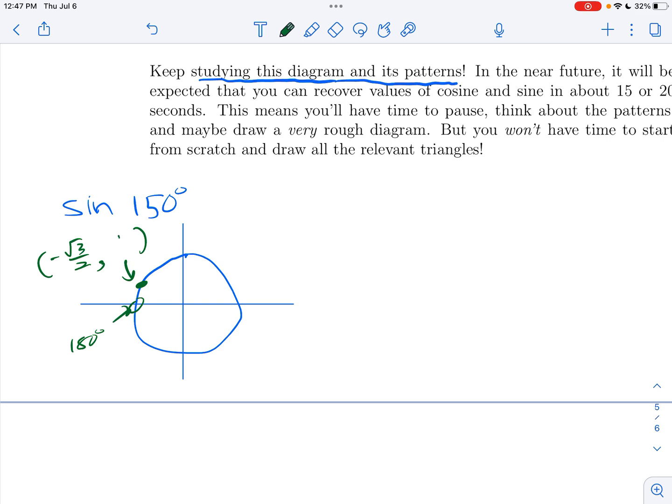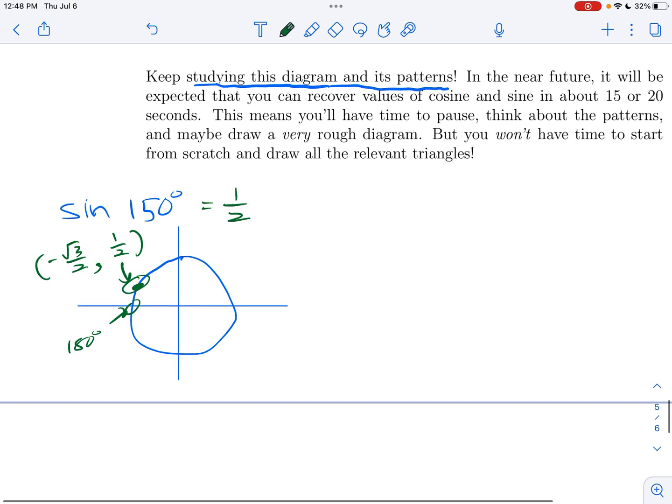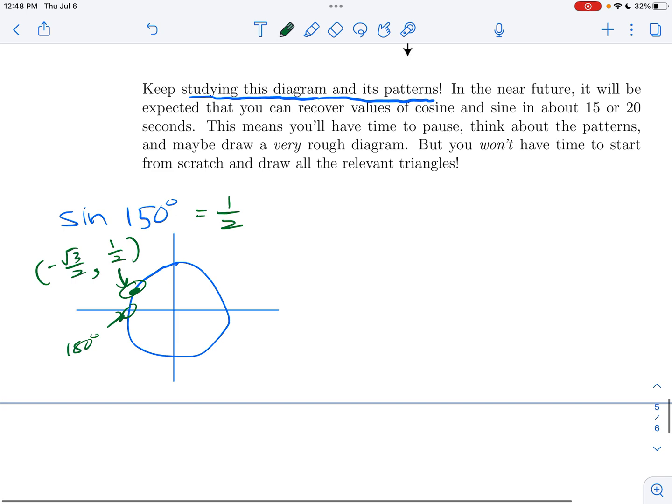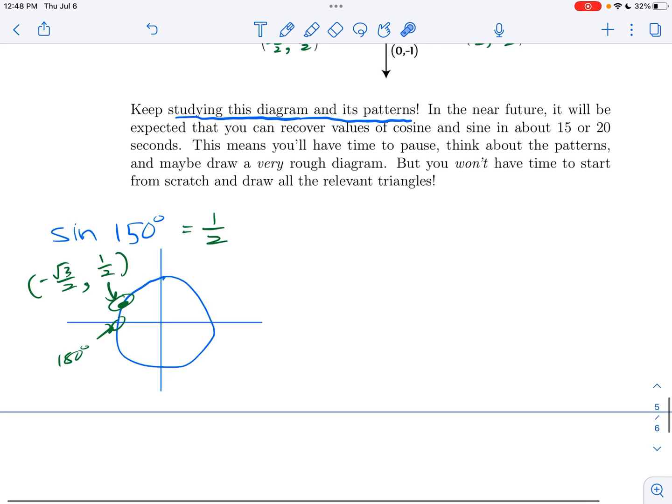It's paired with something like 1/2, which would be positive here, so my answer is 1/2. Right, I didn't get that by pure memorization. I didn't just immediately say the answer. But in about 15 seconds, I was able to draw just a decent enough picture to organize my information and to kind of know what makes sense. That's where I want you to be pretty soon.